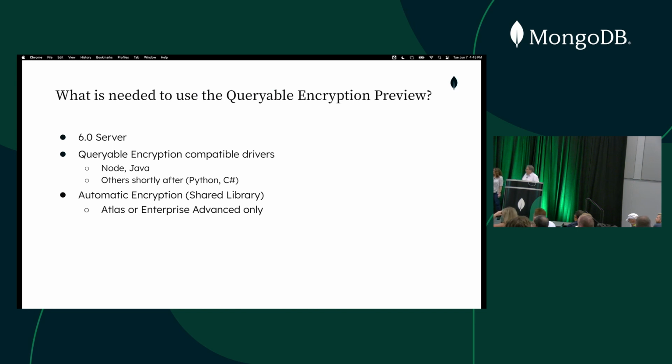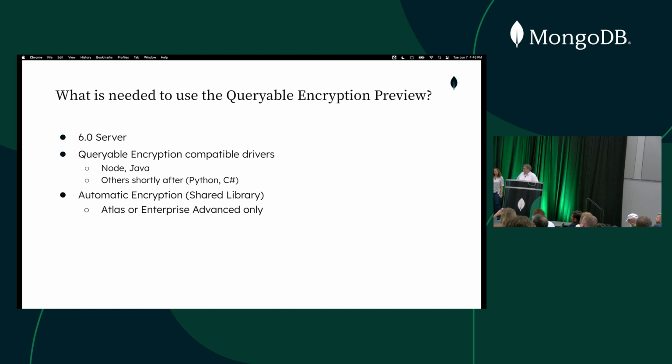What's needed to use it? The 6.0 server. Right now, I think we're at RC7 on Atlas, and I believe we're looking to GA very shortly. This slide is out of date as of yesterday, since we had Python dropping. My understanding is that C# and PHP are coming this week as well, and early next week we should have Ruby, with additional ones to follow.